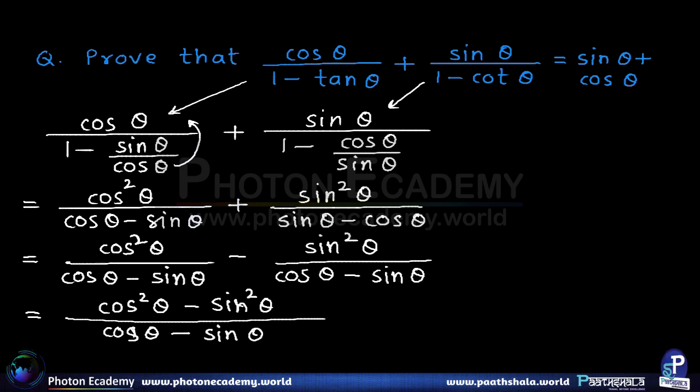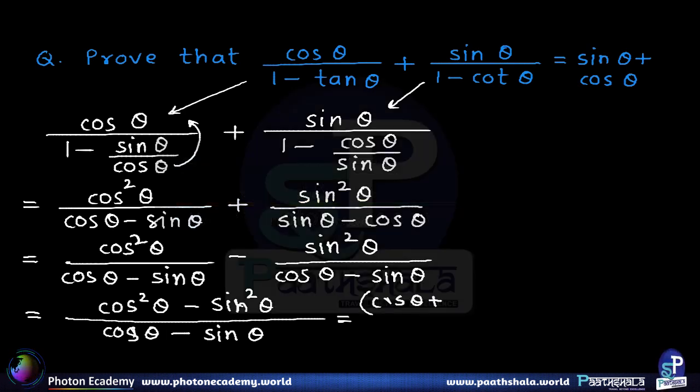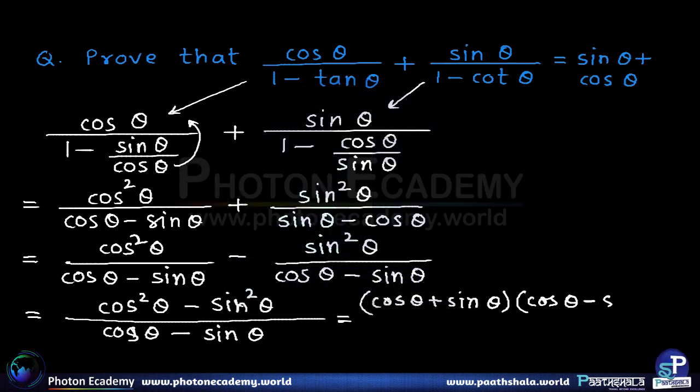If you observe the numerator, it is of the form a square minus b square, so that can be clearly factorized as cos theta plus sin theta multiplied by cos theta minus sin theta.